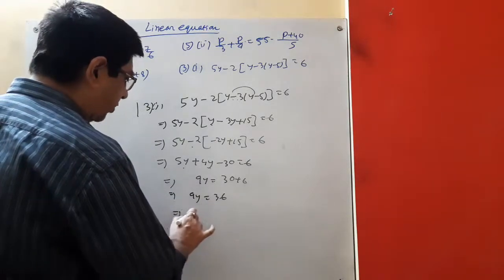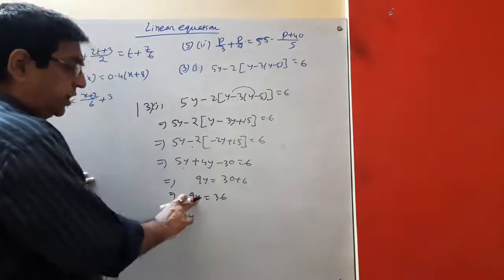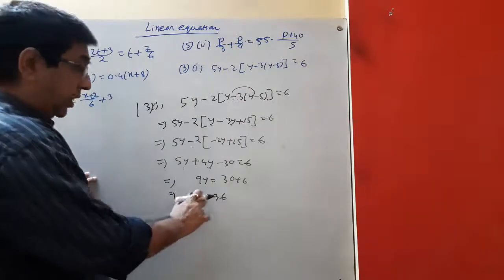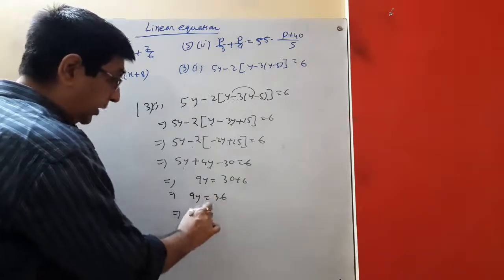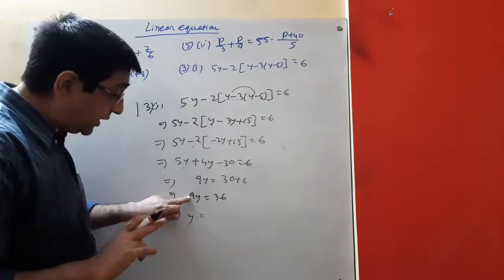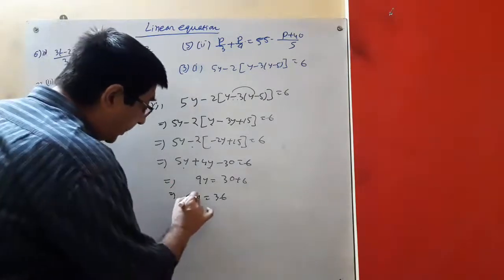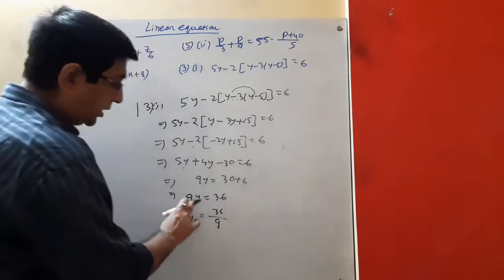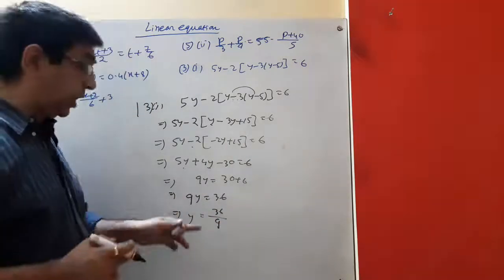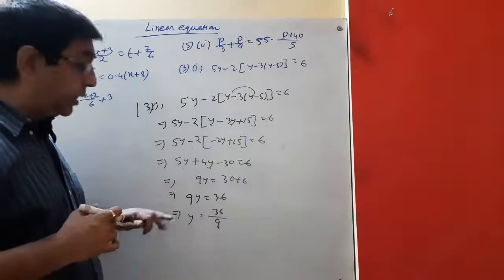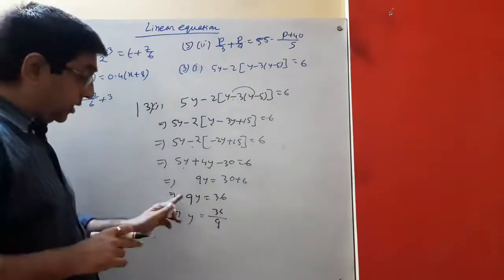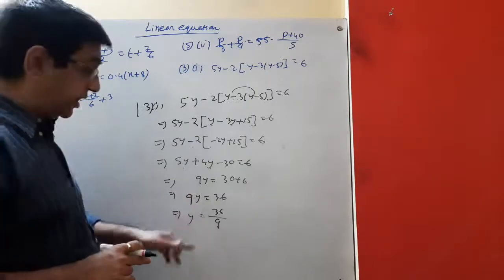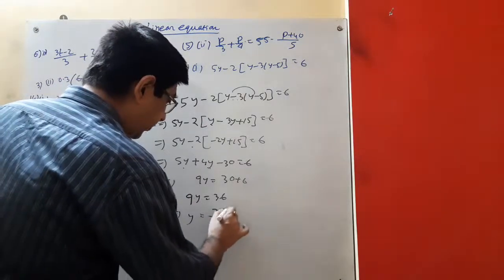So what we have to find? y. That means 9 into y. 9y means 9 into y. So this 9 will go to this side, but there is no minus because it is in the form of multiplication. So on this side it will go for division. 9 is the multiplier of y. So whenever the side is changing, we will divide it. 36 by 9 is 4.